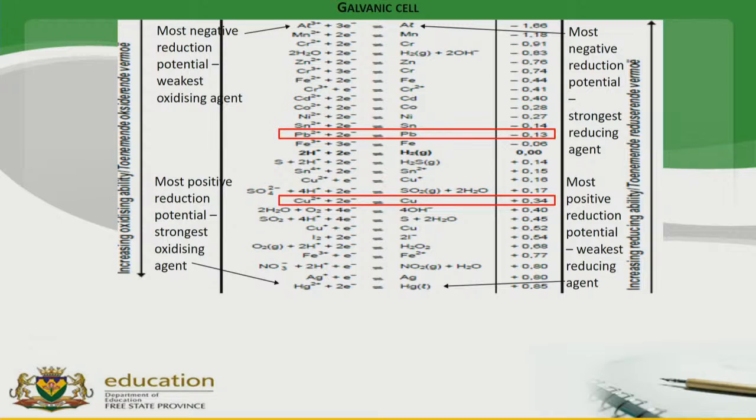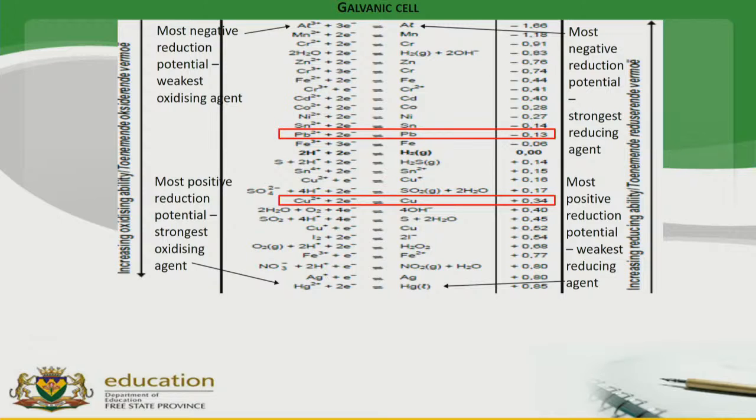It means aluminium is a stronger reducing agent than manganese, because as you move up, according to this table on the right hand side, the reducing ability increases. Or you can use the reduction potential. You can see as you move up, the reduction potential becomes more negative.